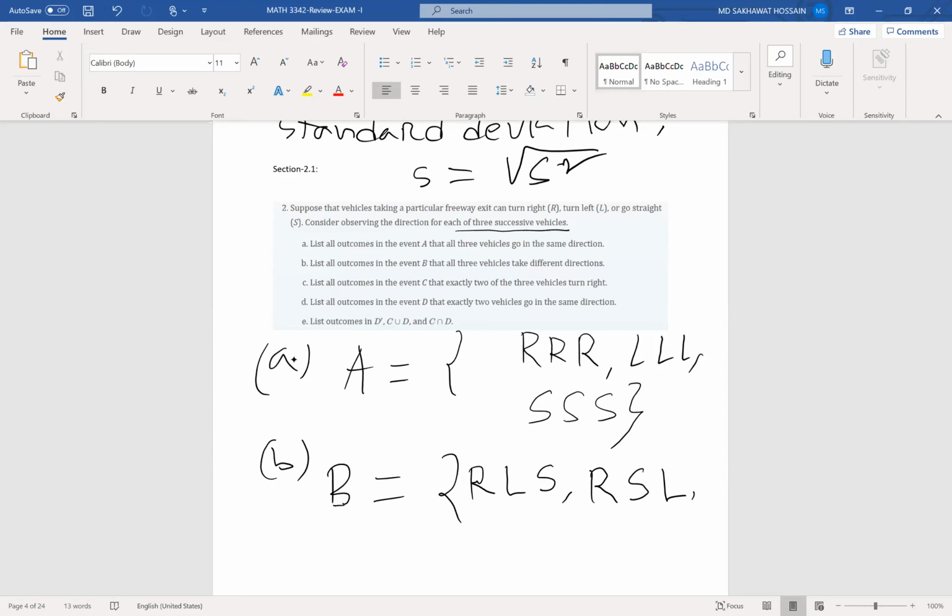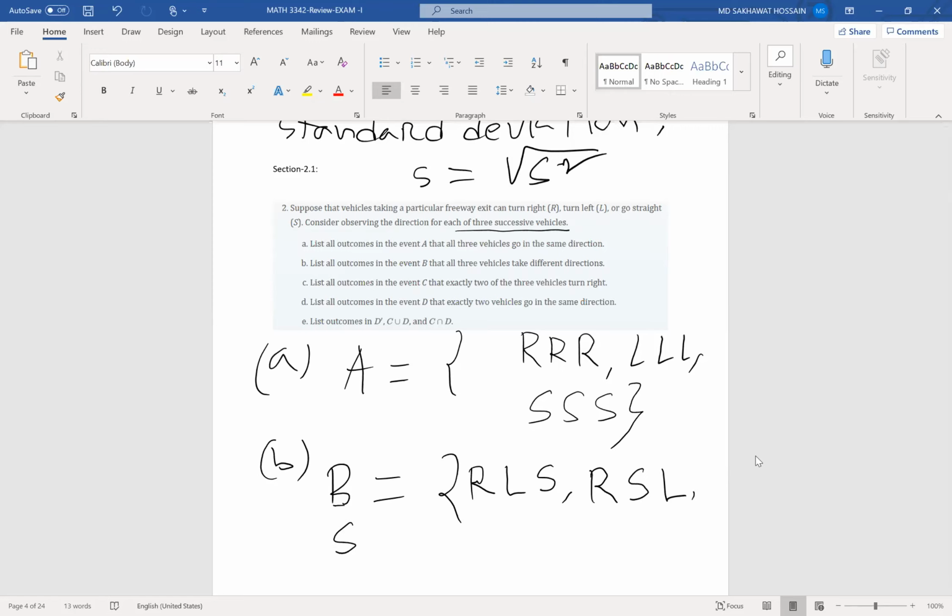Can we have any other outcome if we start with R? No, we cannot, because all the vehicles exit in different directions.